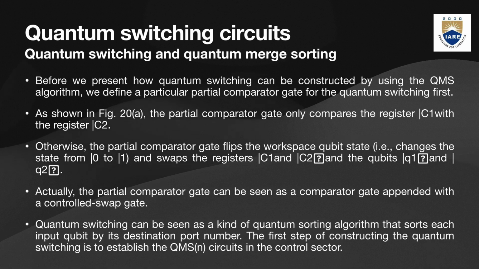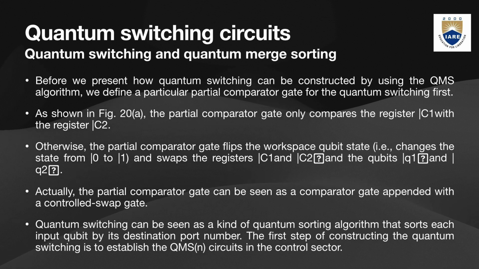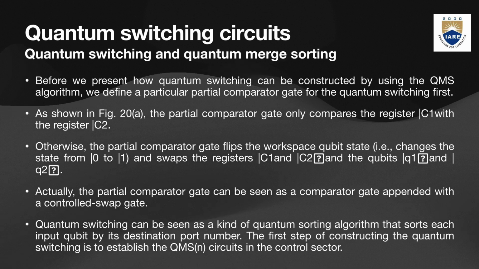Otherwise, the partial comparator gate flips the workspace qubit state, that is, changes the state from 0 to 1, and swaps the registers C1 and C2 and the qubits Q1 and Q2. Actually, the partial comparator gate can be seen as a comparator gate appended with a controlled swap gate.